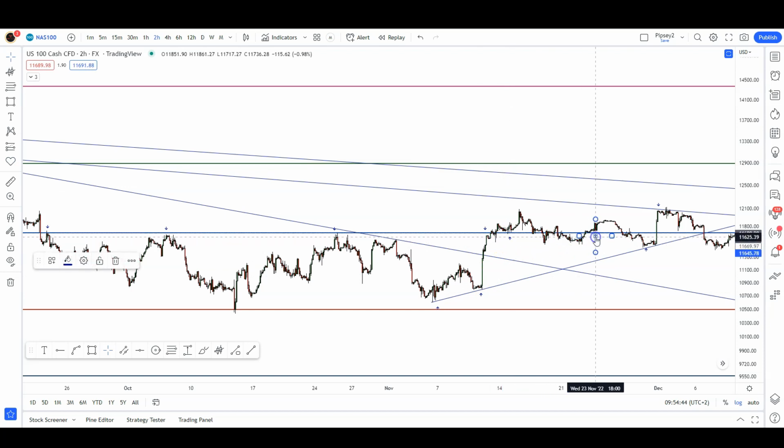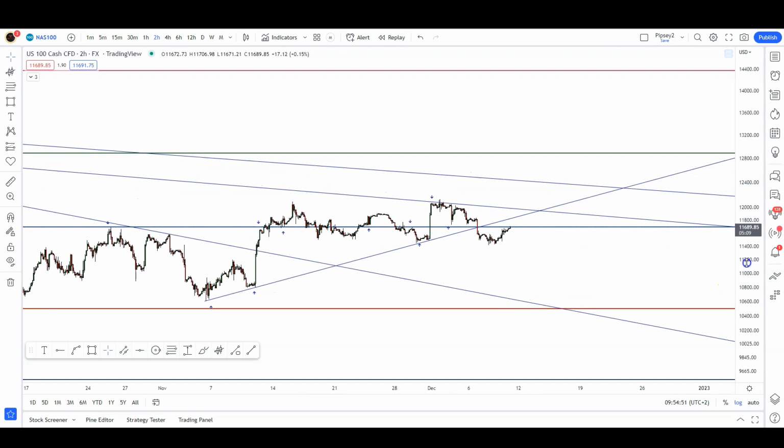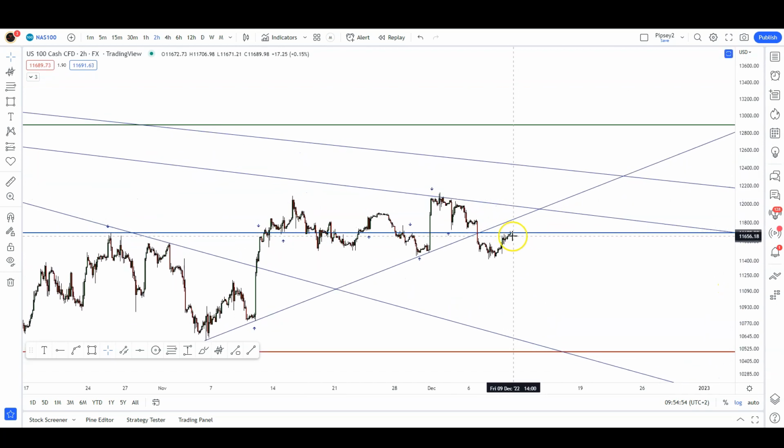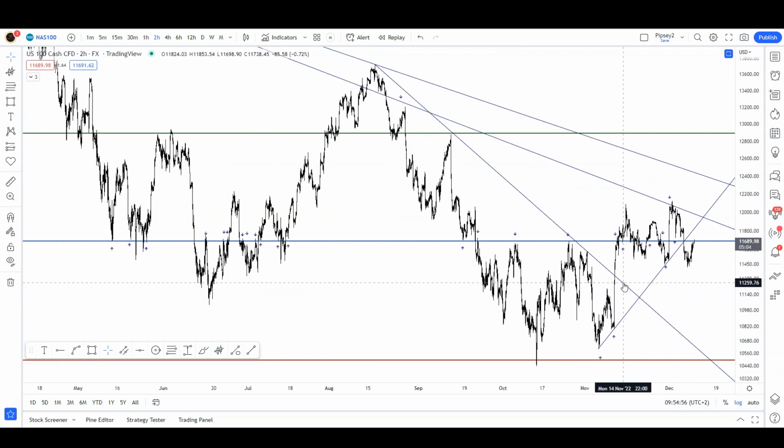Support. You guys get the picture, right? So there's the potential to form support, resistance here, right?